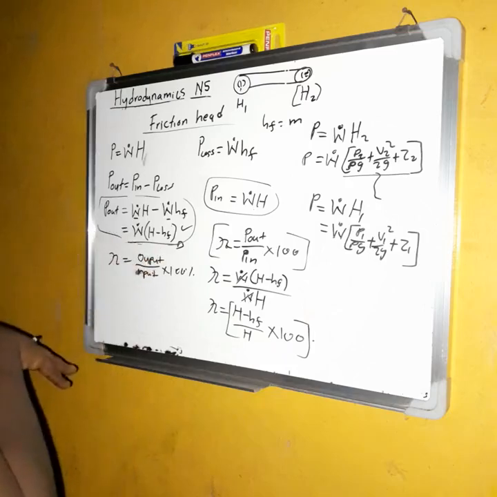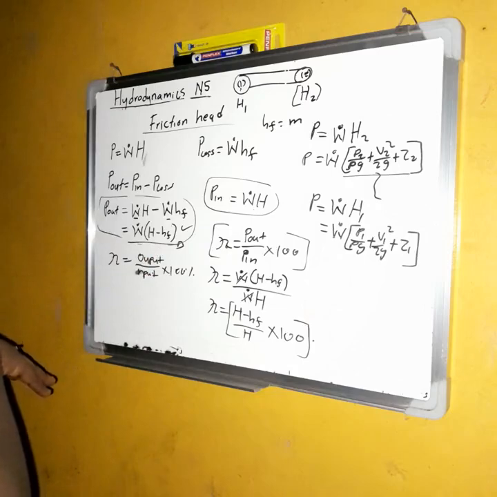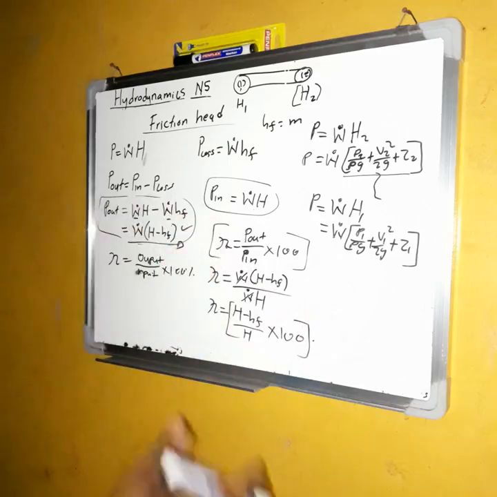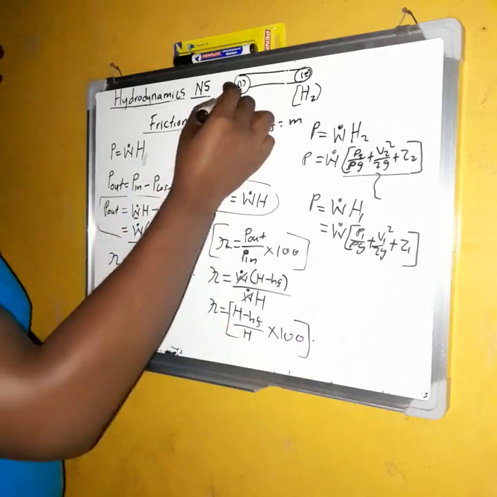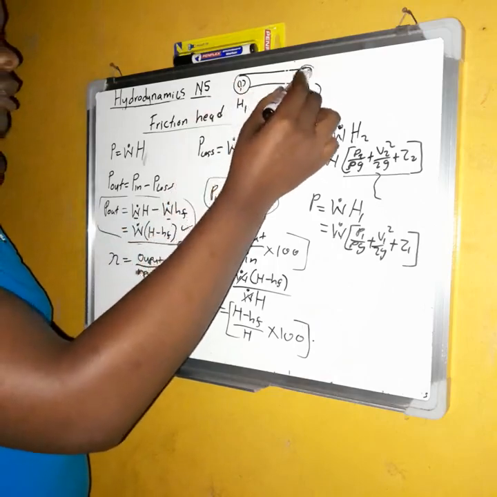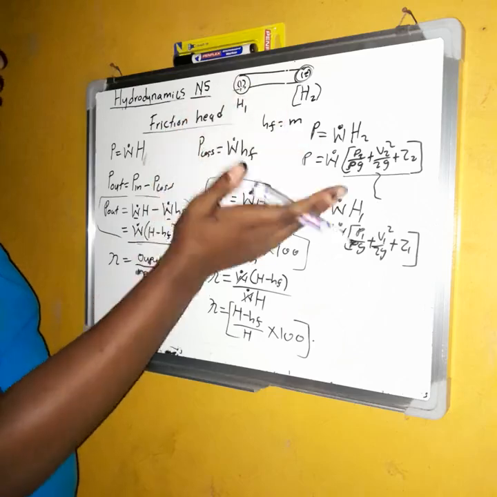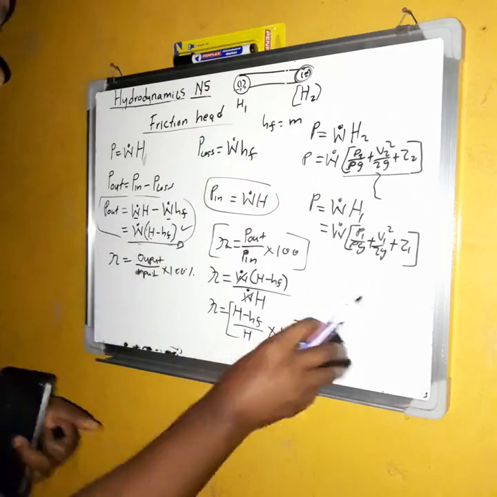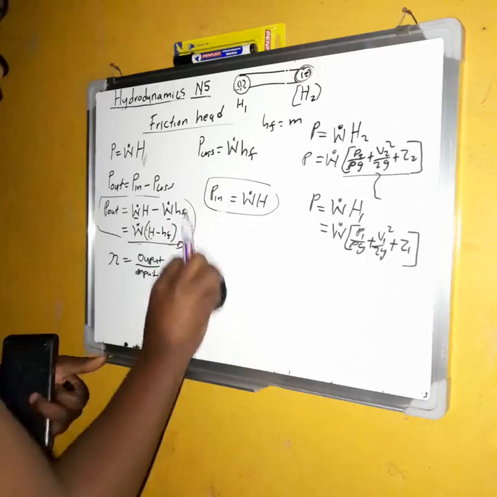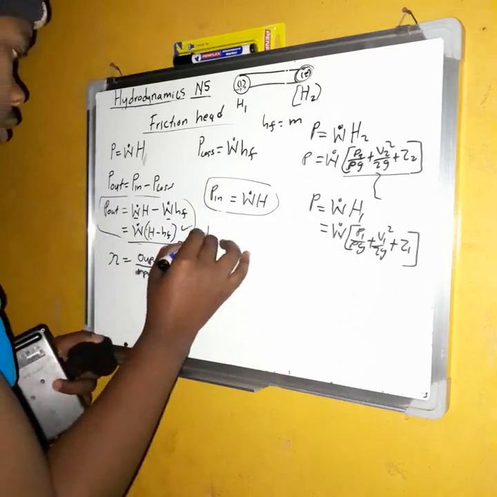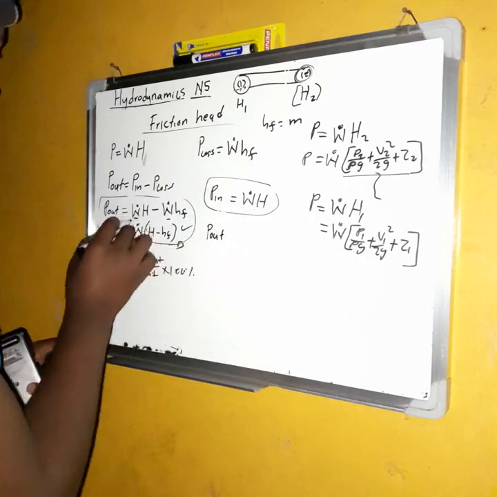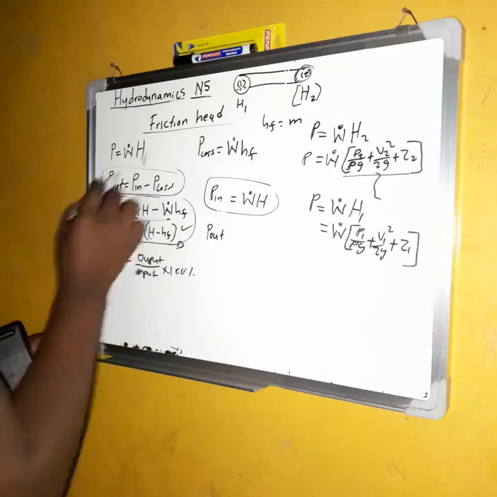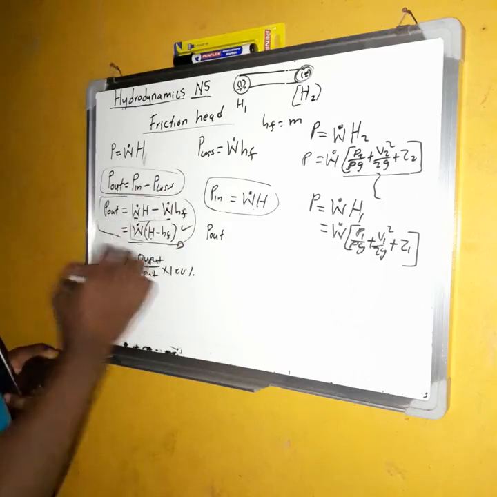For argument's sake, it will depend on where they want the friction loss. But remember, if you have a pipe, the friction loss starts at the beginning, so it depends. Let me erase here. Let's say you want the output power. We know the output power is this equation that we've derived, and I took out the common factor.